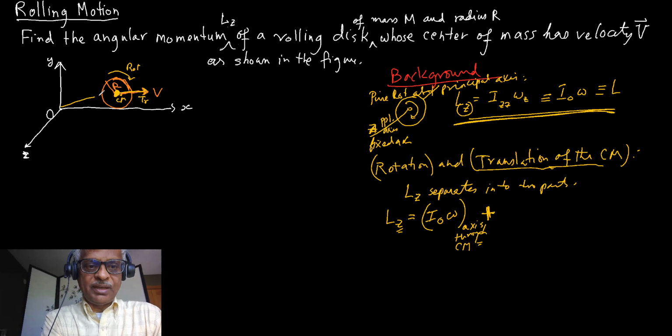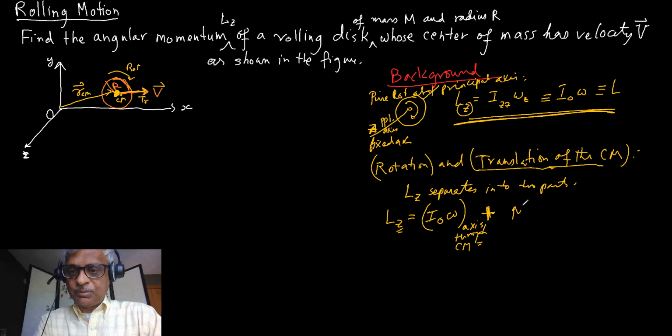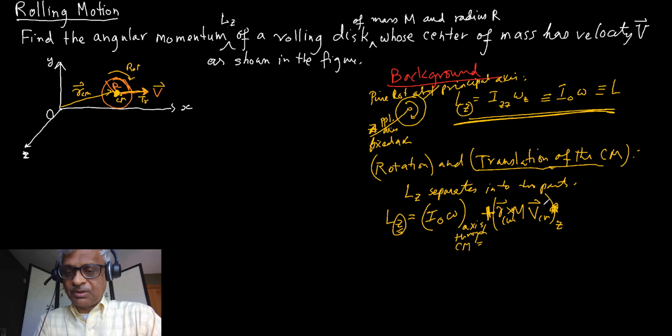So you will have the vector RCM, the center of mass, cross the velocity vector. You'll have the total mass placed at the CM, R cross P, so RCM cross this. And because we're looking at the z component, we just take the z component of this cross product. So this is the separation.